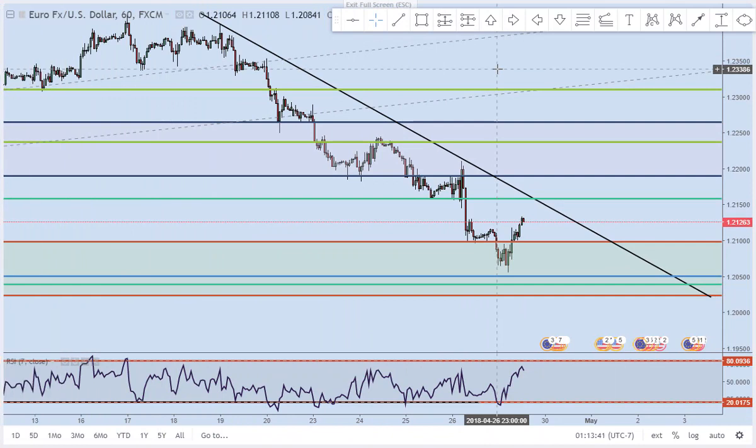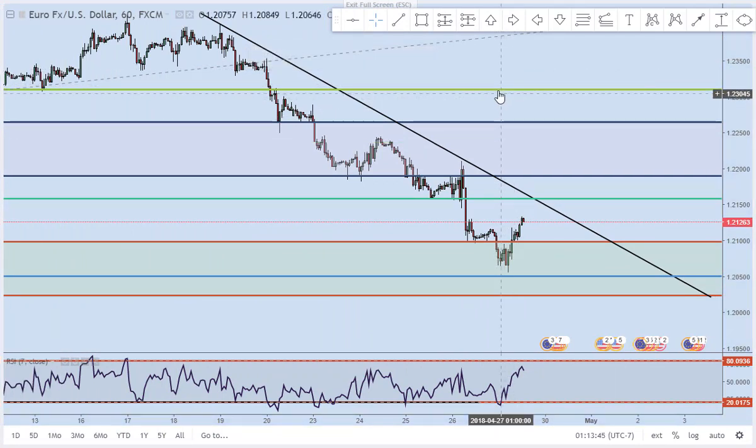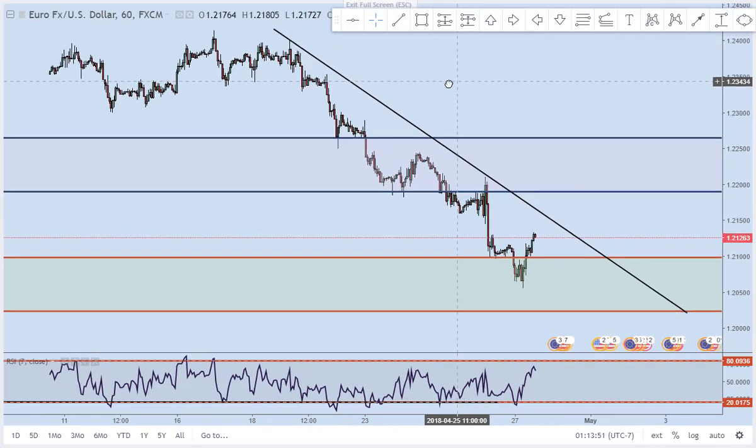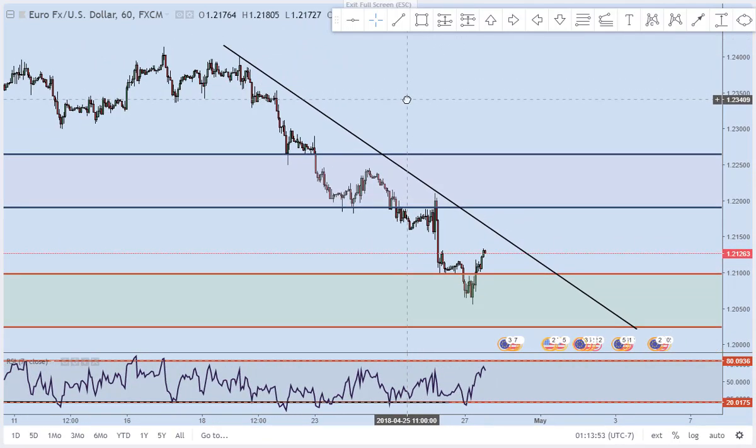Let's try and remove all of these Fibonacci tools just to make our chart a bit clearer. So as I get to my hourly time frame, this is where I want to place my trades. The first thing I notice is that RSI is currently approaching an overbought state.